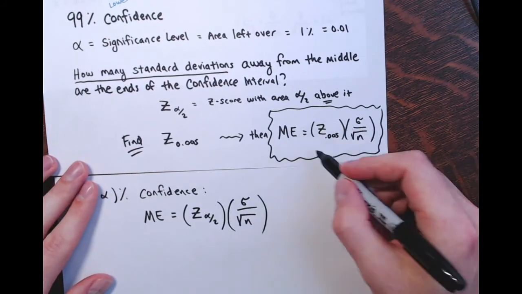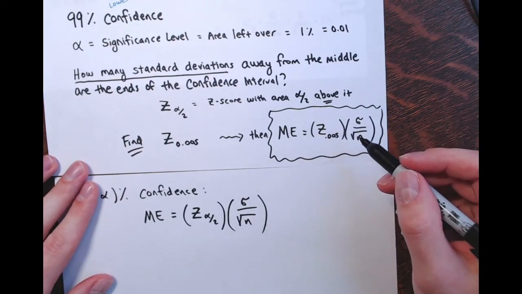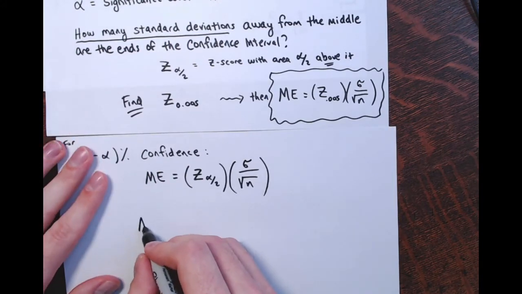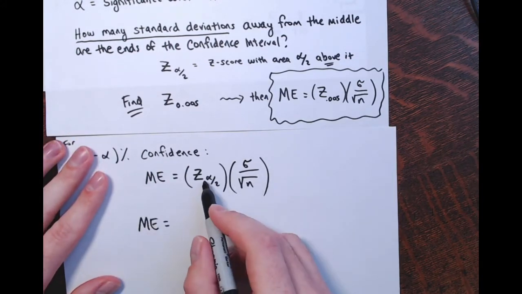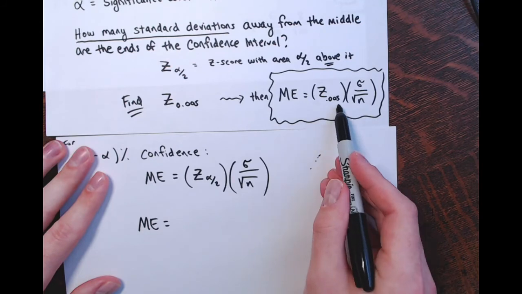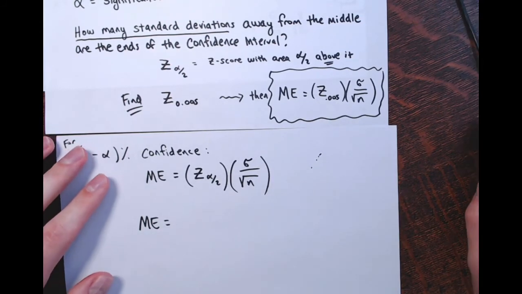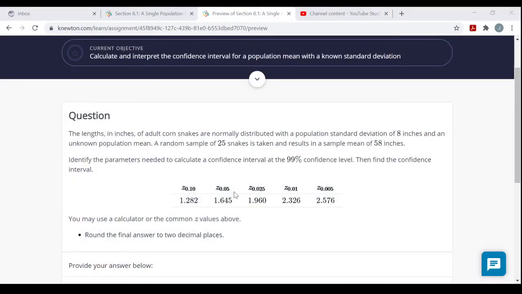All right, and I have all these values. So for this particular example, the margin of error is z.005. That's from the little chart. See, z.005 here. So it's 2.576 standard deviations above the mean, and the lower bound is 2.576 standard deviations below the mean.